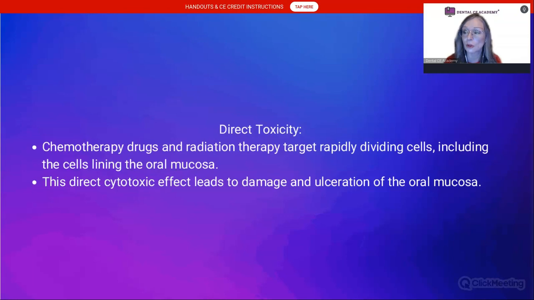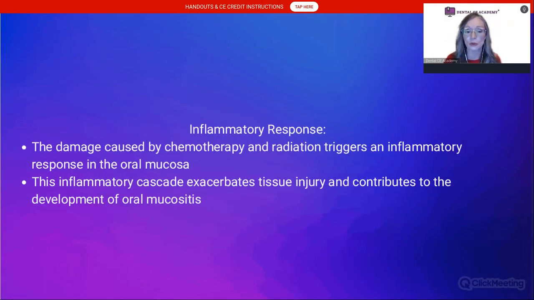And it's not just the oral mucosa, although we're focused on the oral mucositis this evening. It's really all of the mucosa, because the human body is a mucosal tube, right? So it can also include the gastric mucosa as well. And this is a direct cytotoxic effect, and it leads to damage and, of course, ulceration of the oral mucosa.